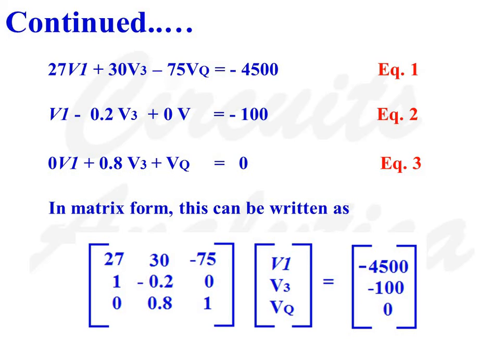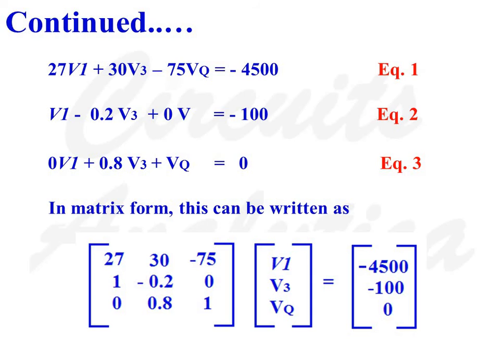And we have three equations, 27 V1 plus 30 V3 minus 75 VQ is equal to minus 4500, equation number 1. V1 minus 0.2 V3 plus 0 VQ is equal to minus 100, equation number 2. 0 V1 plus 0.8 V3 plus VQ is equal to 0, equation number 3.